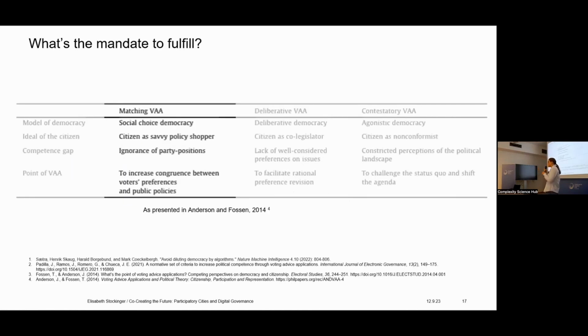So voting advice applications, as they are now, they're quite liberal in their design. So they adhere to social choice, where the user's preferences are considered to be static. And the problem to solve is a gap of ignorance. So the user is interested in shopping for those policies that best reflect and further his or her own interests.